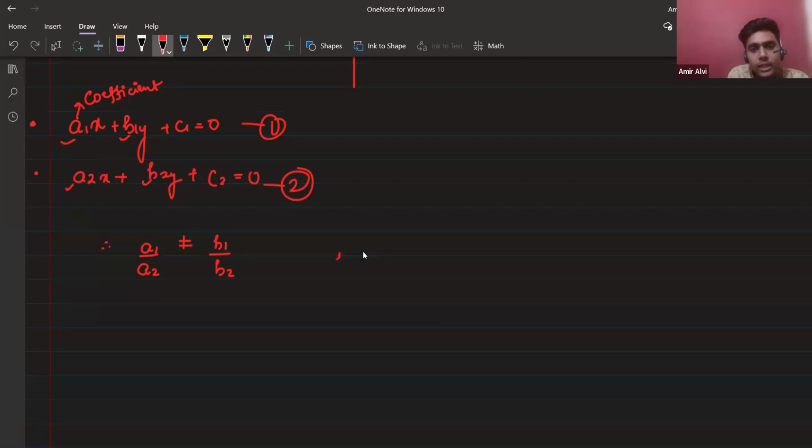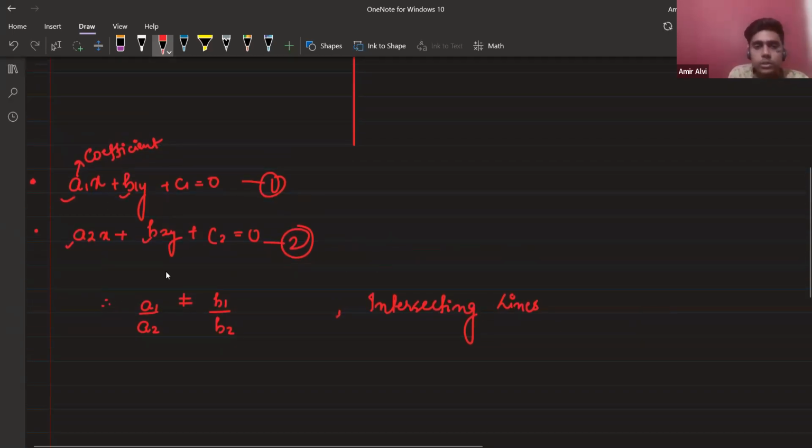So which kind of lines will these be? These will be intersecting lines. Intersecting lines. Pair of lines.